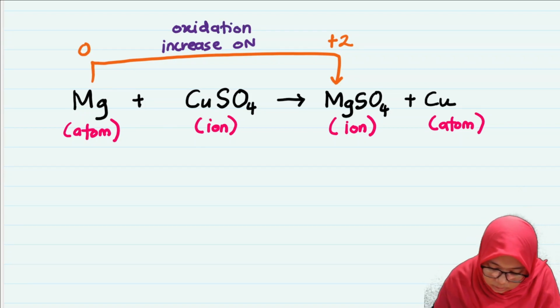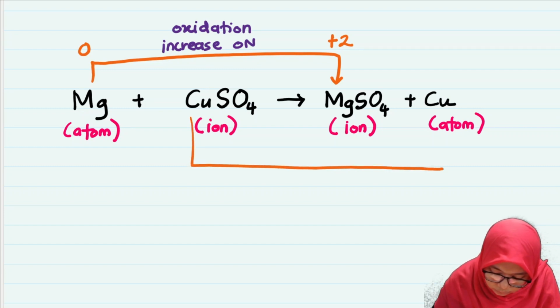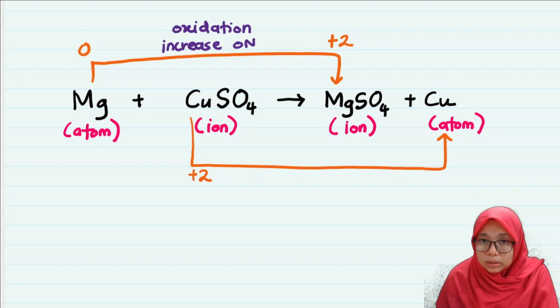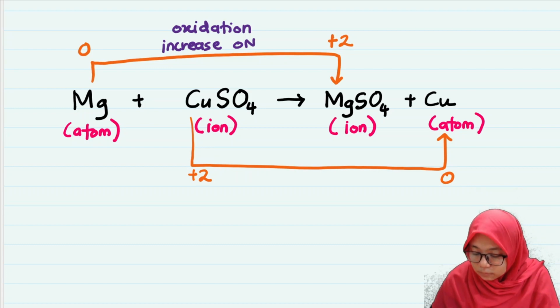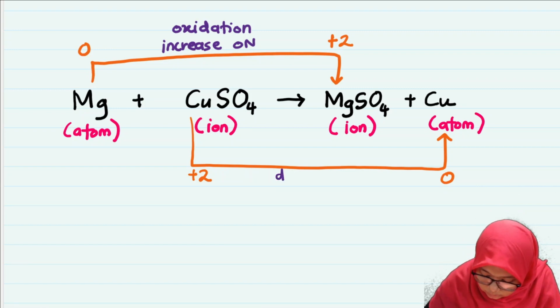And then you see that in this reaction, copper will change from copper 2 plus ion to copper atom. So the +2 oxidation number for copper 2 plus ion will change to copper atom, which has an oxidation number of 0. So you have a decrease in oxidation number. So this reaction is a reduction reaction.